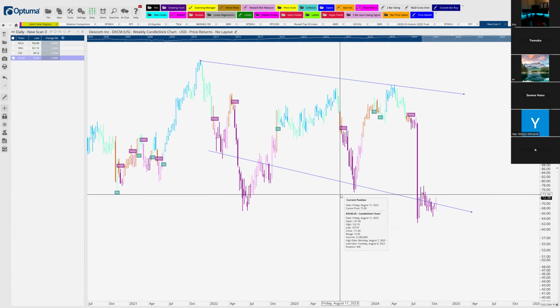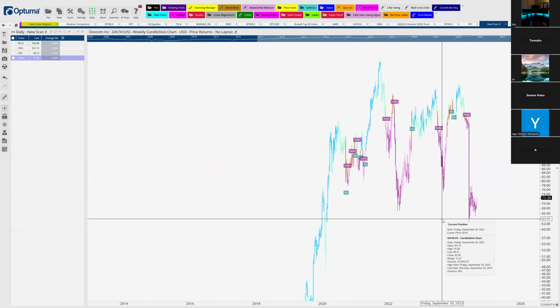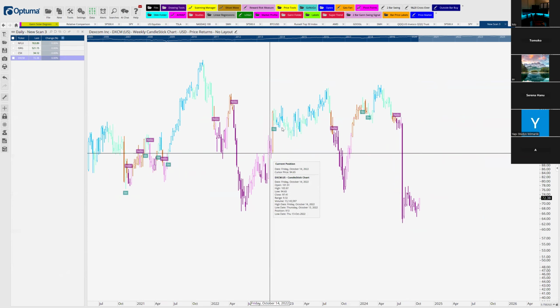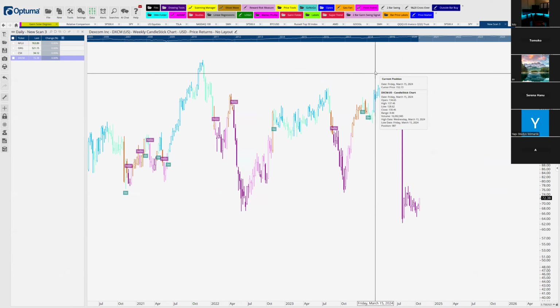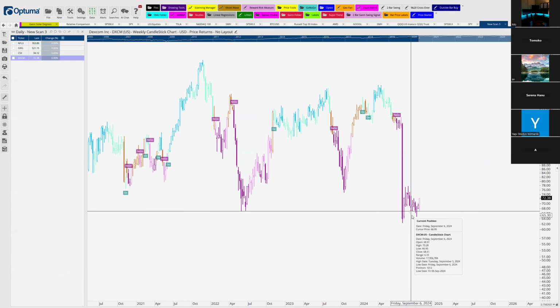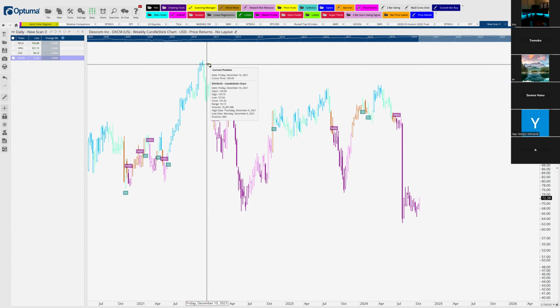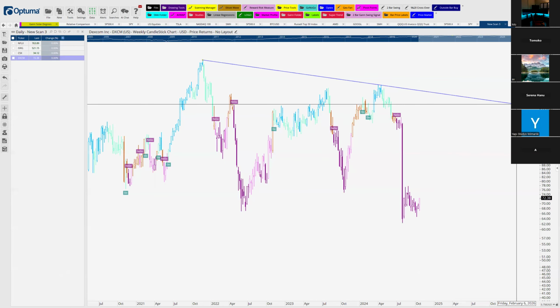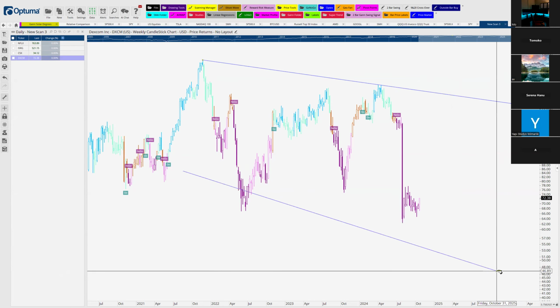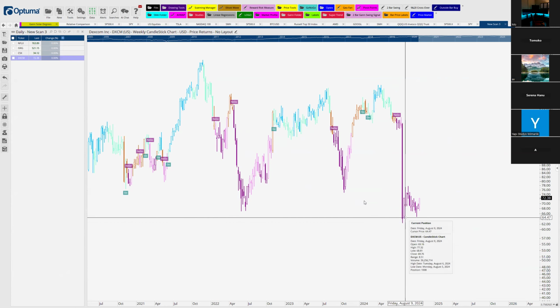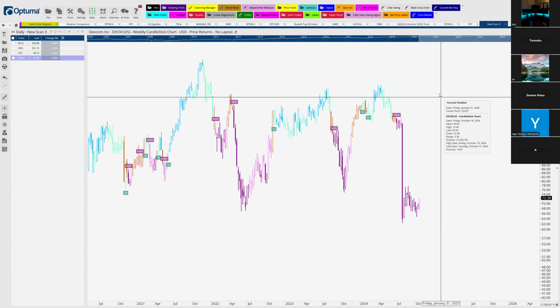Can't even move these lines, guys. Yeah, it looks like a three-way move. Three down, three up, and this looks like some sort of fourth wave. Okay, anyways, that's it. These are the only go no go.